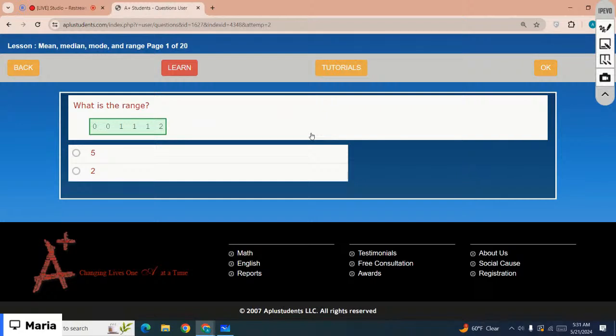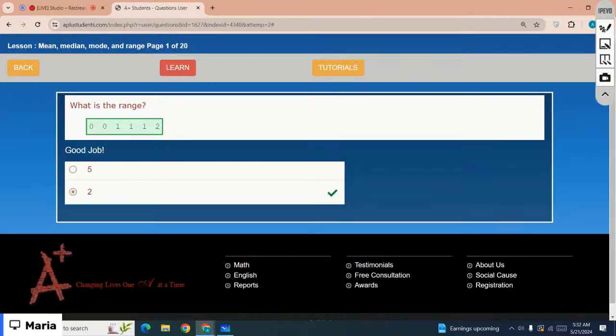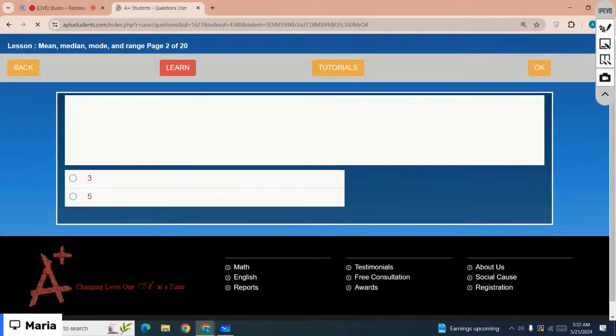Okay, so the range is the difference between the greatest and the smallest number, right? So the greatest number here is 2 and the smallest number here is 0. So that means the range of the numbers is 2. The range is the difference between the greatest and the smallest number in the given data.